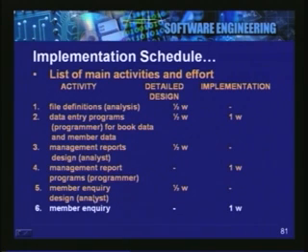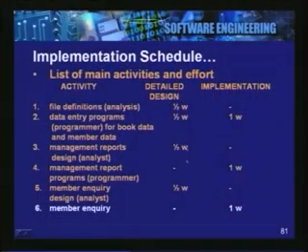So, for each of them we have two types of activities, the further detailed design activity and then the coding and development activity. So, all these have been listed and we have given time duration for detailed design as well as for implementation. So, this is a detailed implementation schedule that we have prepared.